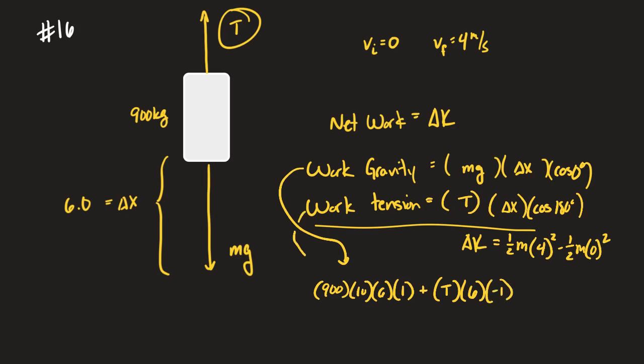That is the work done by tension. Equals 1/2 times 900 times 4 squared. This will give me the tension. Now, I don't care what the number is. You can do the number part. This is just algebra. That's not that big a deal.